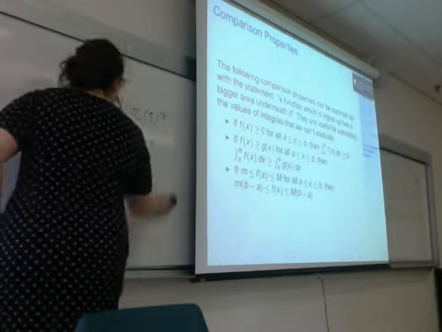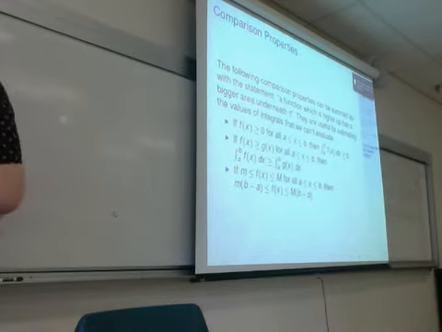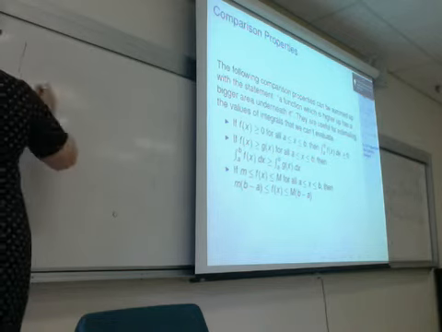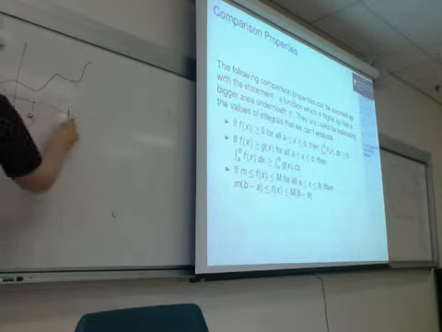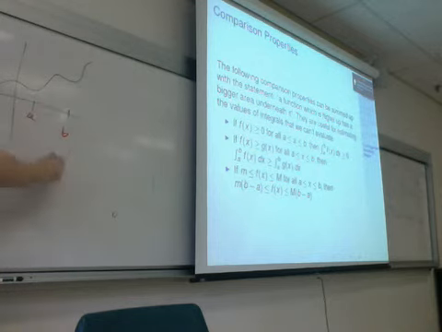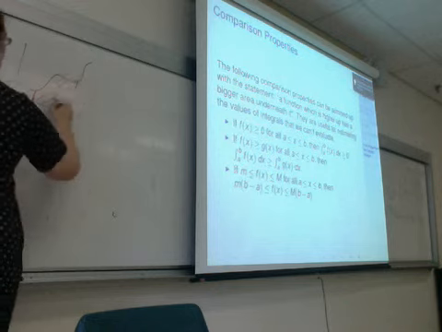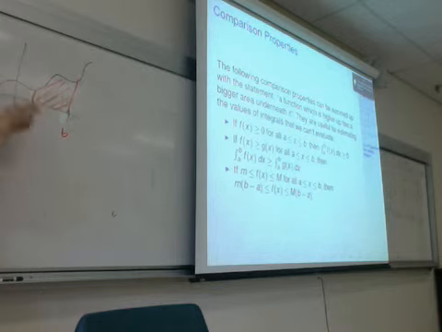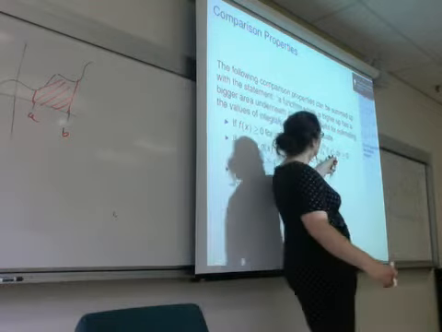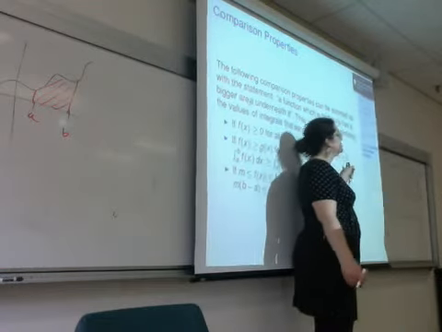What this is saying is, if we sketch the graph of something, and between a and b this graph is above 0, then this area will be positive. There's no negative area here. There's no area below the x-axis because the function is bigger than 0. So that makes the area positive. The area here is also bigger than or equal to 0.